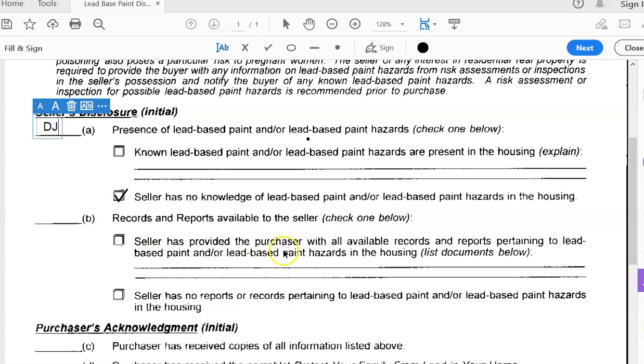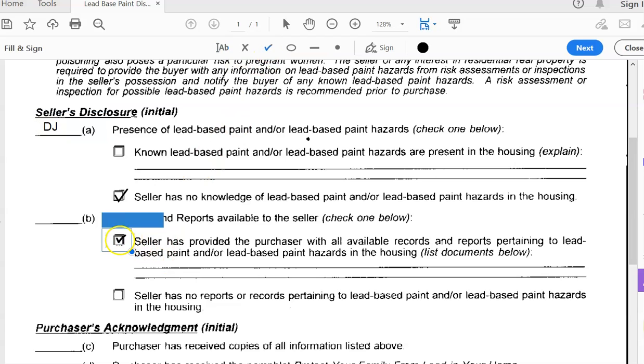Seller has provided the purchaser with all available records and reports pertaining to lead-based paint and/or lead-based paint hazards in the house. So if the seller had done a report at one time, or had repairs done and was issued any sort of record or report, it's on them to be truthful and provide that if they have it.